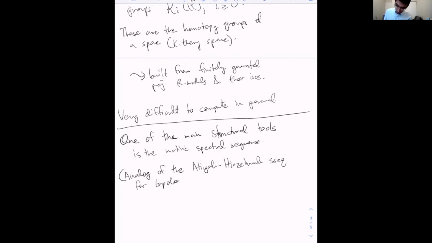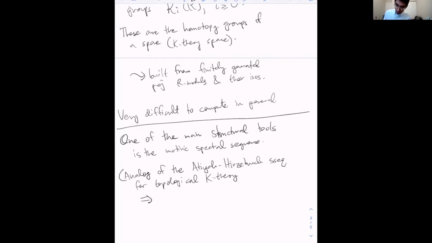In general, when one has one of these cohomology theories in algebraic topology, there's always a way of relating it to ordinary singular cohomology. For example, if you want to compute the topological K-theory of a space, there's always a spectral sequence which starts from the singular cohomology of the space and converges to the topological K-theory.